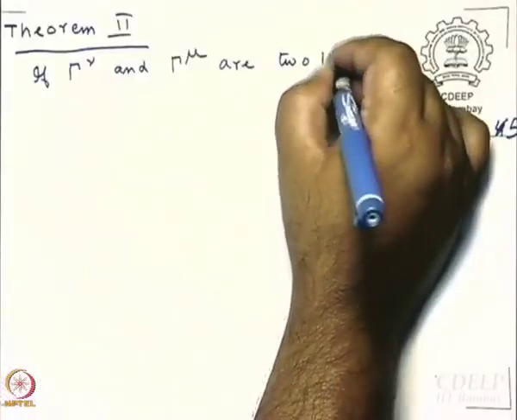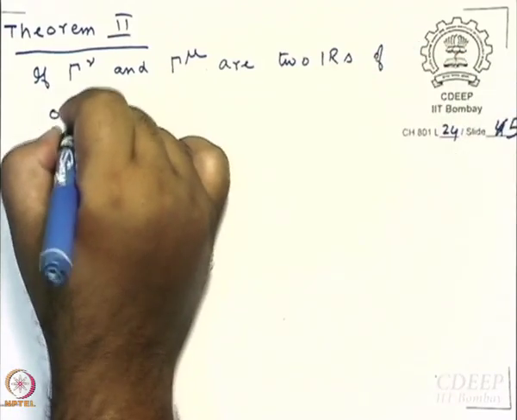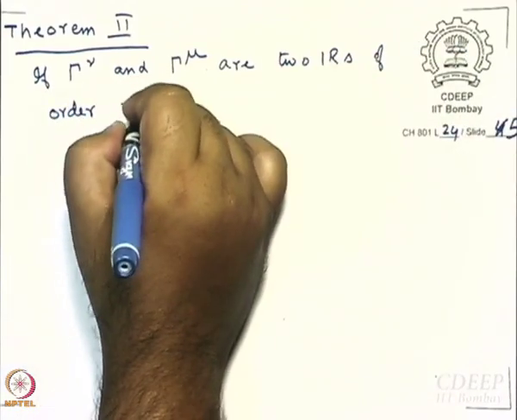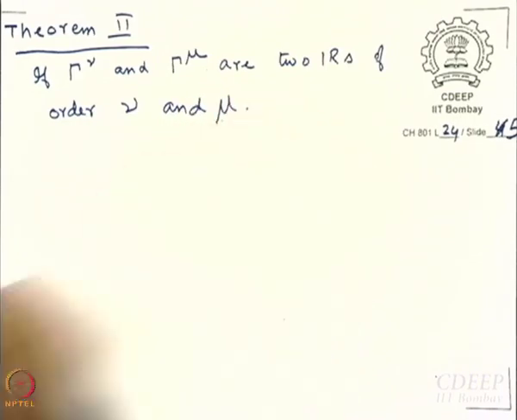Okay, what do we write gamma for usually? Irreducible representation, right? Let us say these are two irreducible representations of order nu and mu respectively.